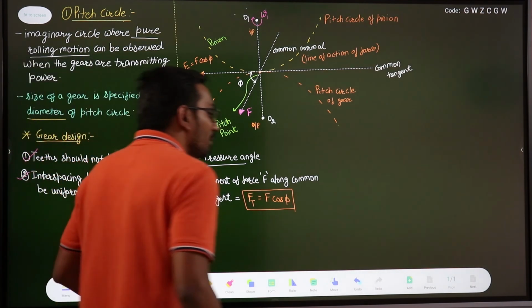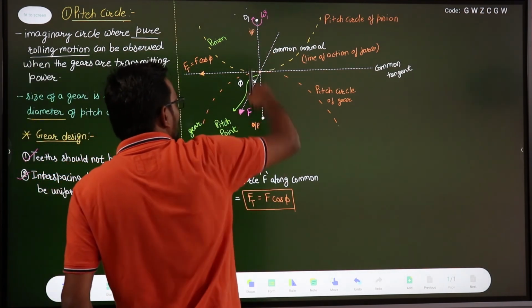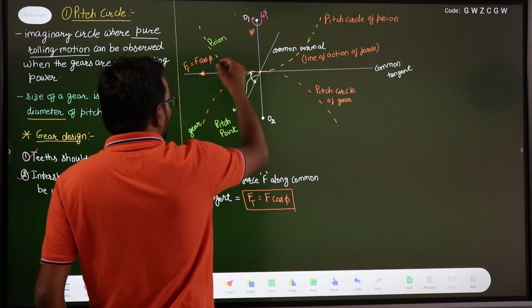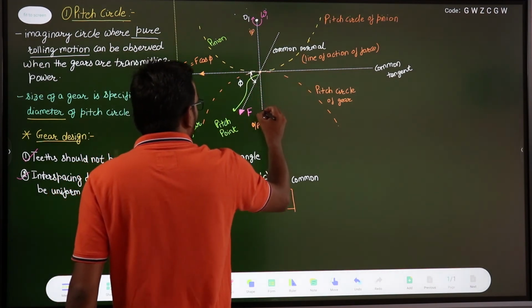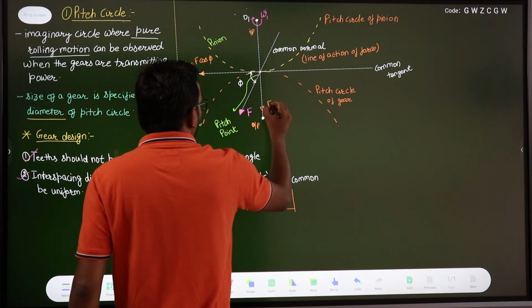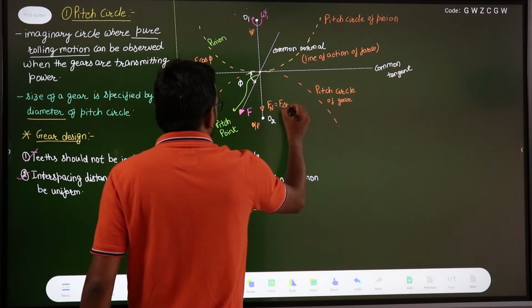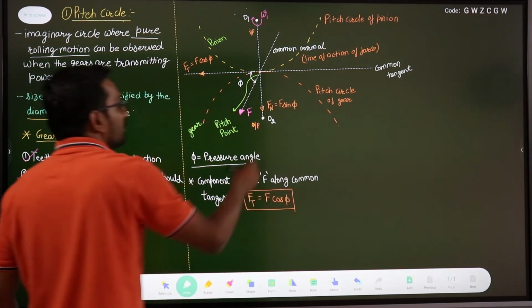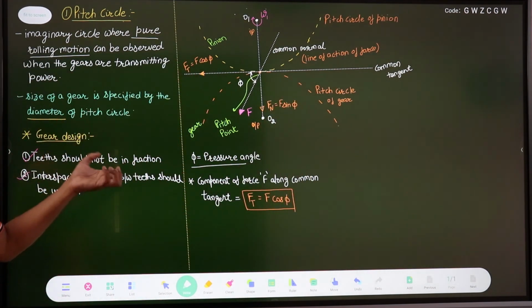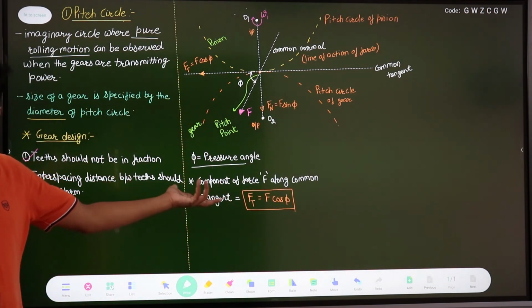F will also have a component along this other direction. This is your normal component, equal to F sin phi, and this will be the axial force or the force on the bearing, right?